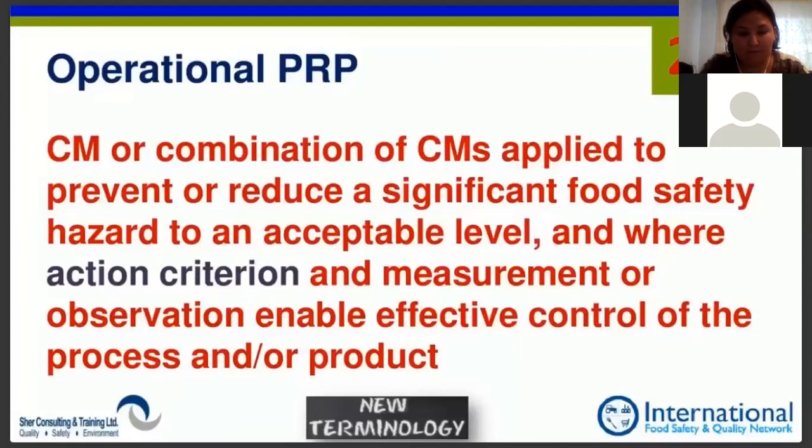So no, John, no. John's asking if every PRP is an OPRP. No. A lot of PRPs are there because they're important, just like a lot of control measures that in the past weren't critical and still aren't critical. We have them because they are part of the whole idea of making food safer. So everybody washes their hands all the time. In most occasions, that's not critical, hand washing.